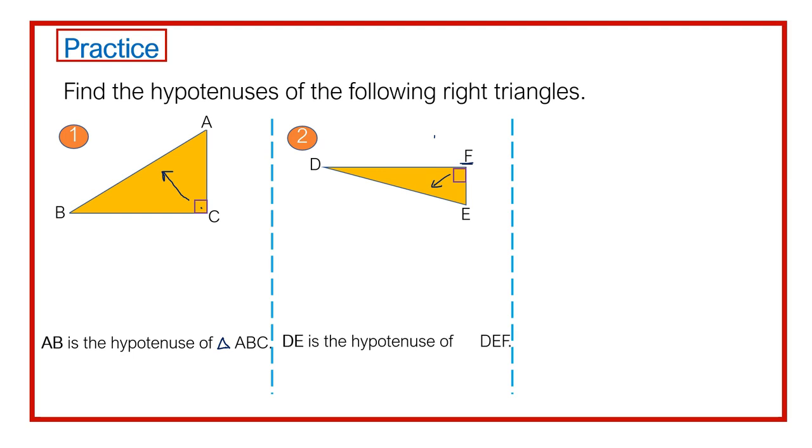So it implies that DE is the hypotenuse of triangle DEF. Okay?